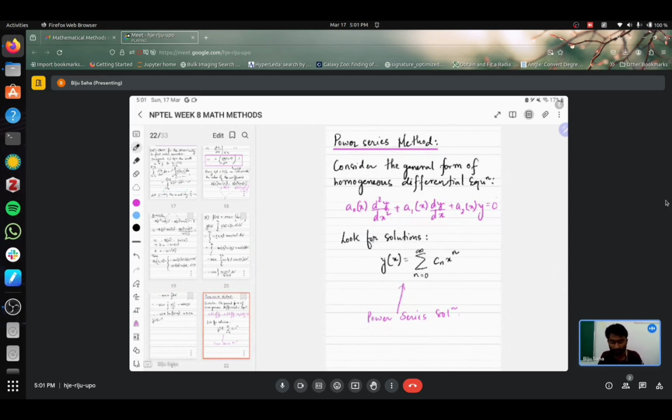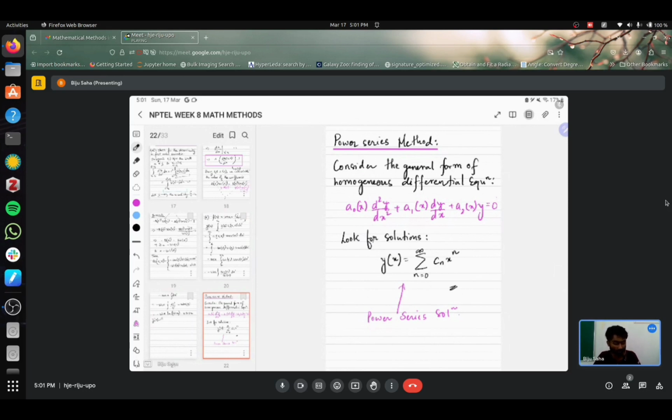In the power series method, the process is that in the differential equation, we reduce it down to some standard form, and then, looking at the nature of the point about which we want to expand our solution in the form of a power series, and depending upon the nature of the point, we propose a solution which looks like this power series.